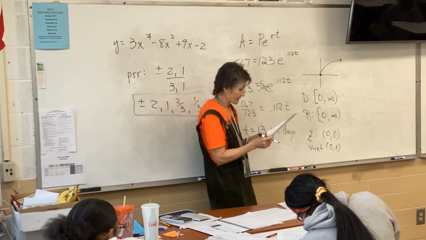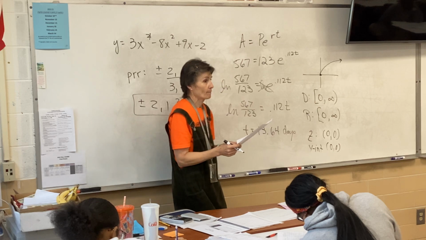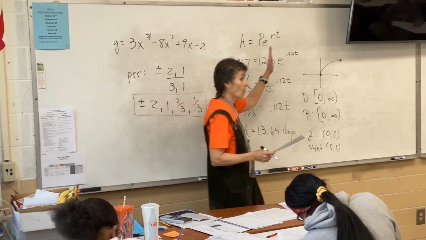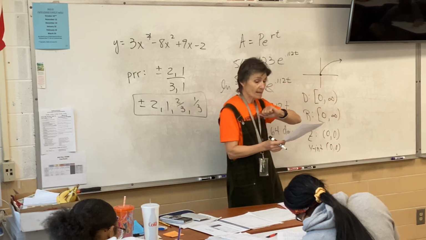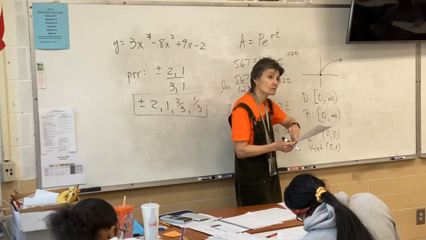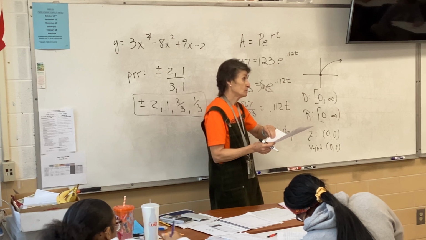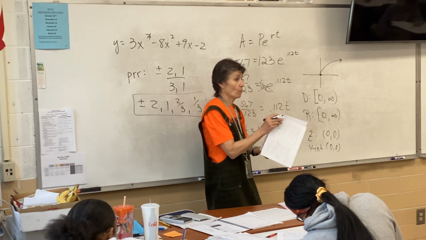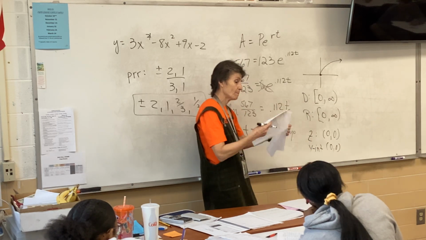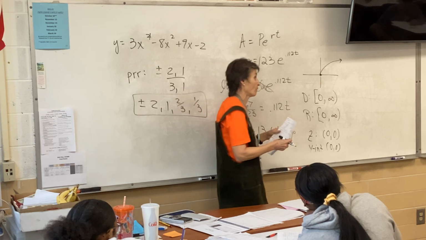Would you say this is increasing or decreasing? Increasing. As you draw it, your pencil just keeps going up. Does it have any asymptotes? No. Is it bounded anywhere, above or below? Remember, you can be bounded above or below or both.